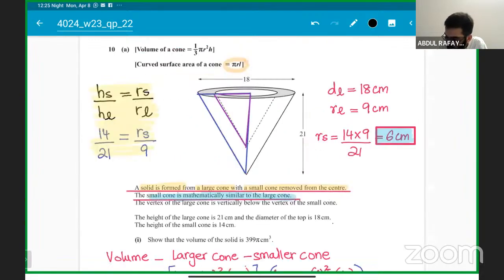ये है hypotenuse. Okay, so hypotenuse है, so we have the smaller cone radius as 6.